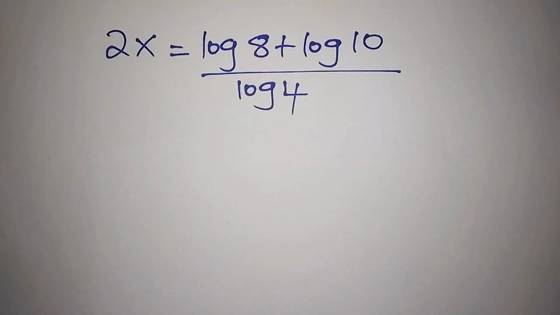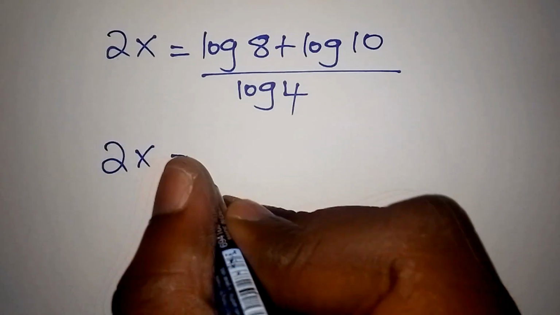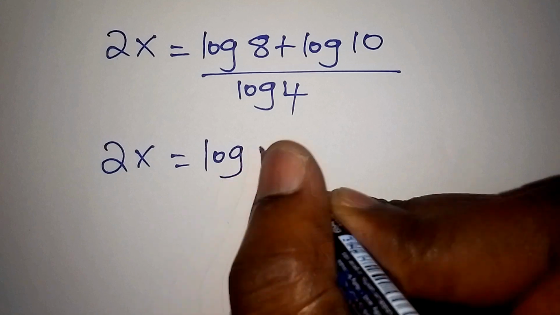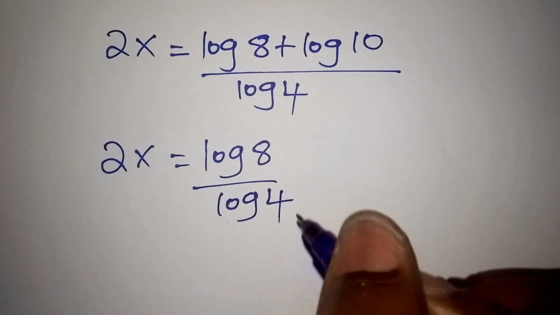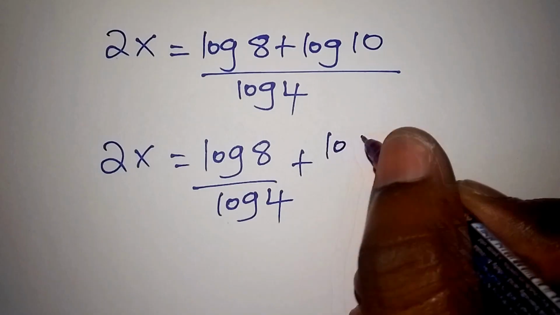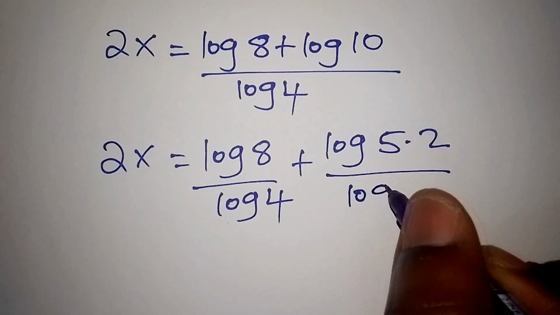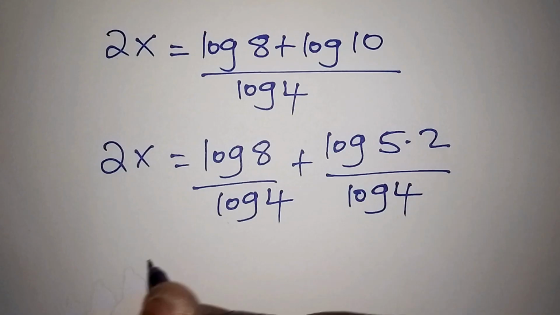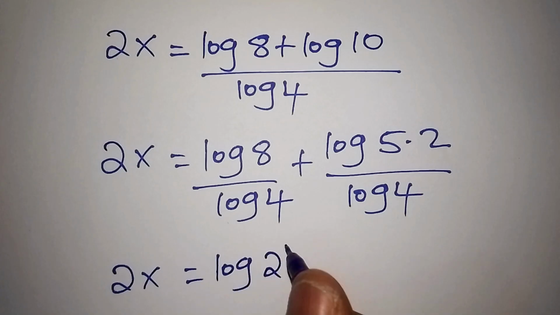So divide both sides by the log of 4, so that now 2x is equal to the log of 8 all over the log of 4, then plus the log of 10, which can be written as the log of 5 multiplied by 2, all over the log of 4. So next is now 2x is equal to, so log 8 can be written as the log of 2 to the power of 3.